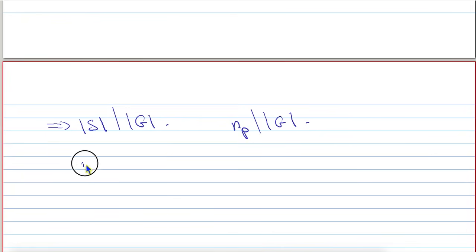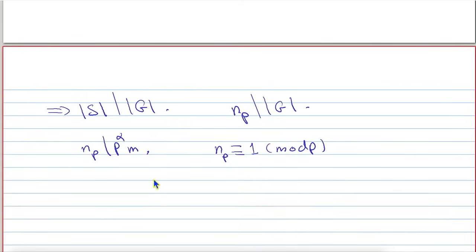So we have n sub p divides p to the power alpha times m. But we also proved that n sub p is congruent to 1 mod p. And this means that n sub p and p are relatively prime, or in other words, n sub p cannot divide p, so it does not divide any powers of p either.